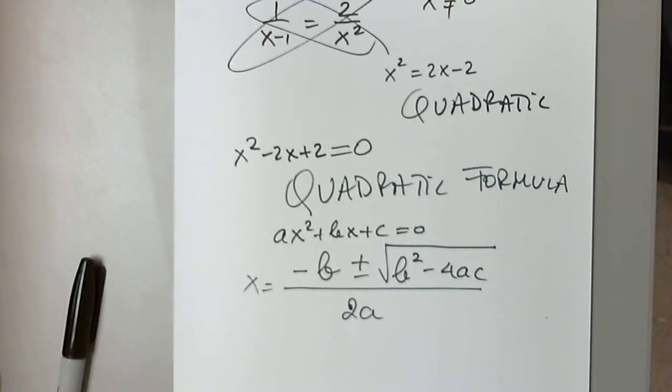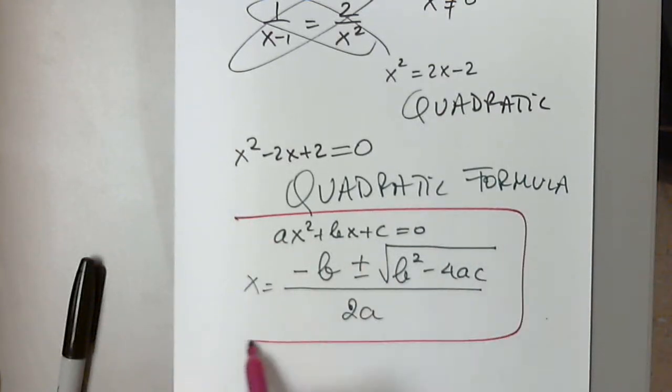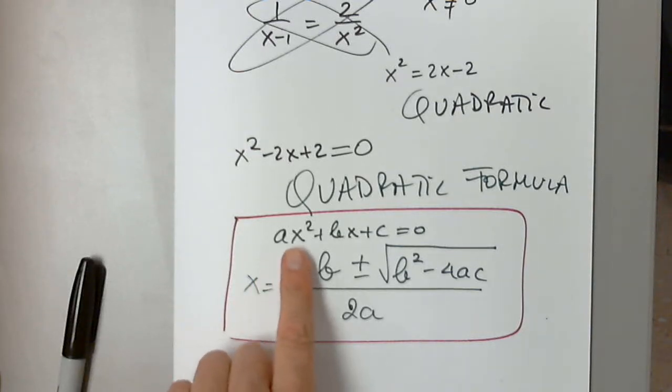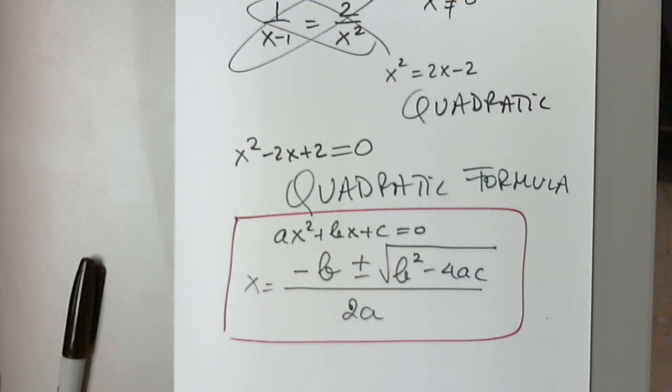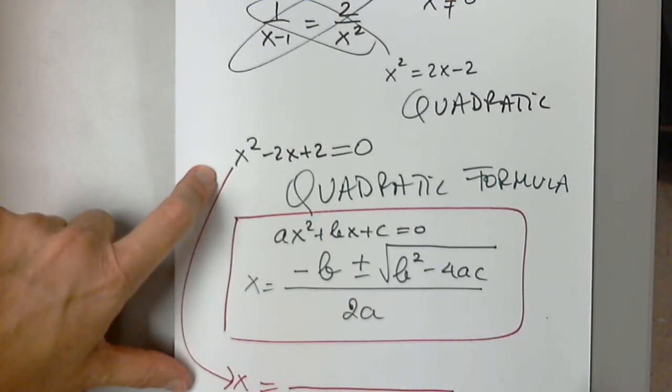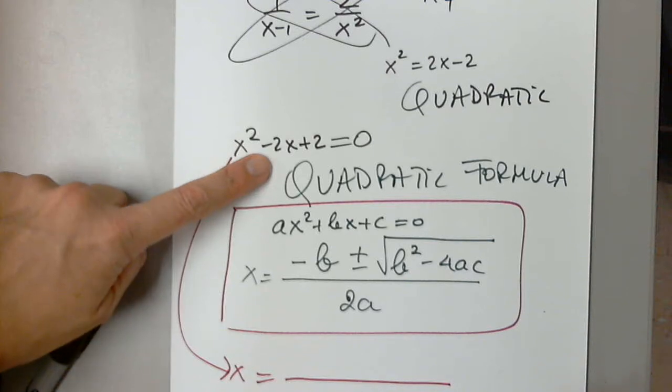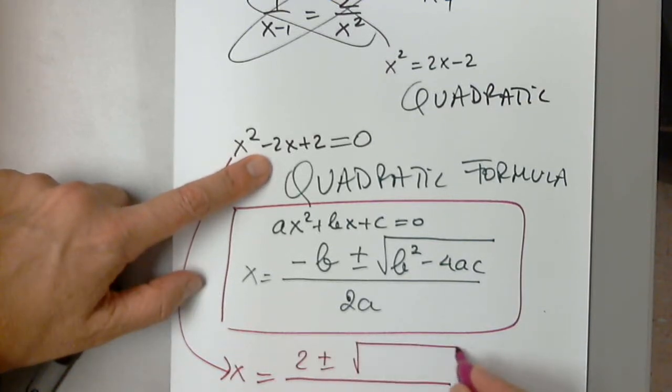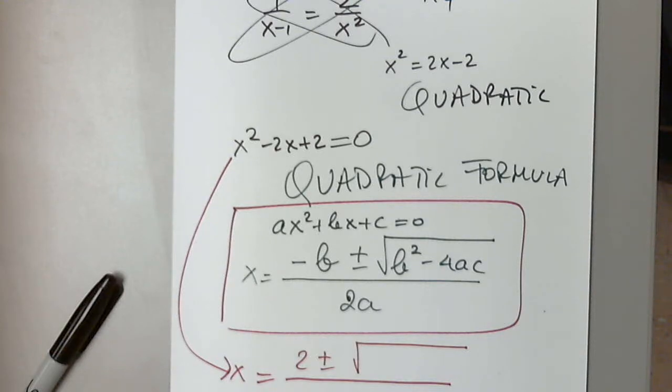So these go together. If you don't set the equation equal to 0, you cannot use the quadratic formula. And the polynomial has to be in descending order. So therefore, this equation will have x equals negative b. What do I write? 2 plus or minus the square root of.